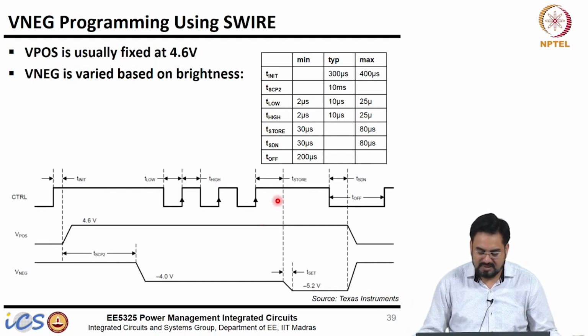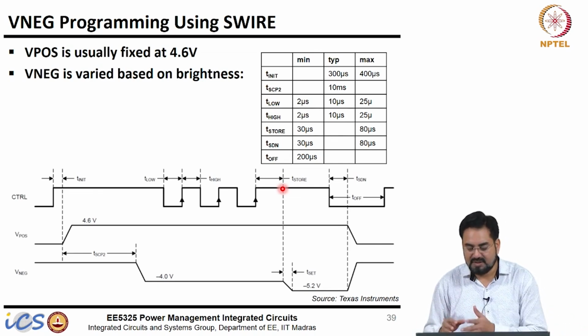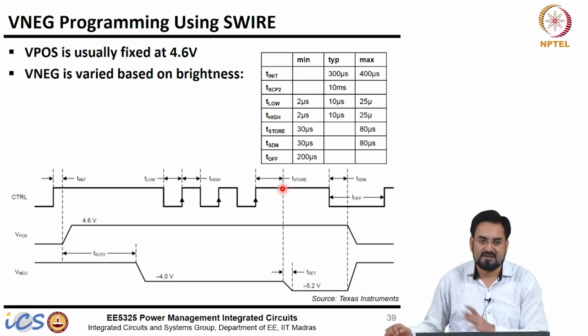So let us say you have a counter and you keep counting. Here we have 3 rising edges. After the last edge, you wait for 30 microseconds and see if there are any edges.